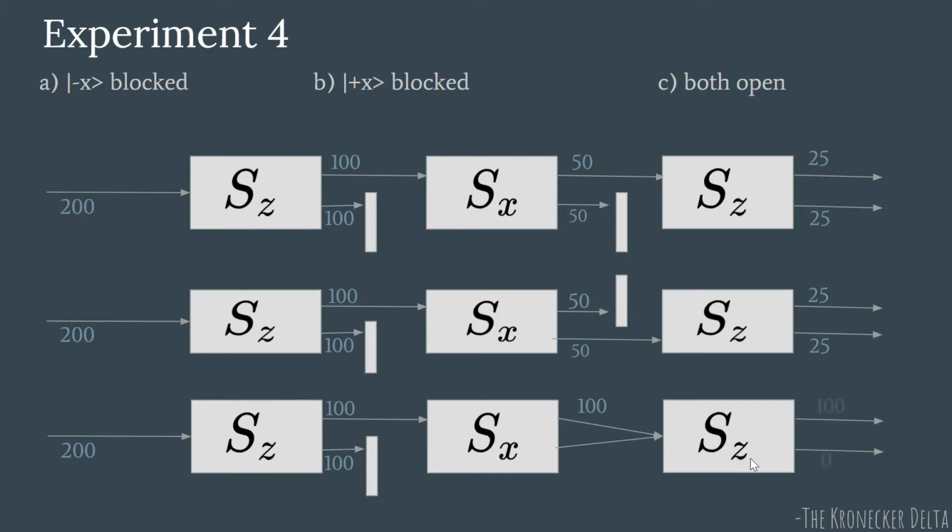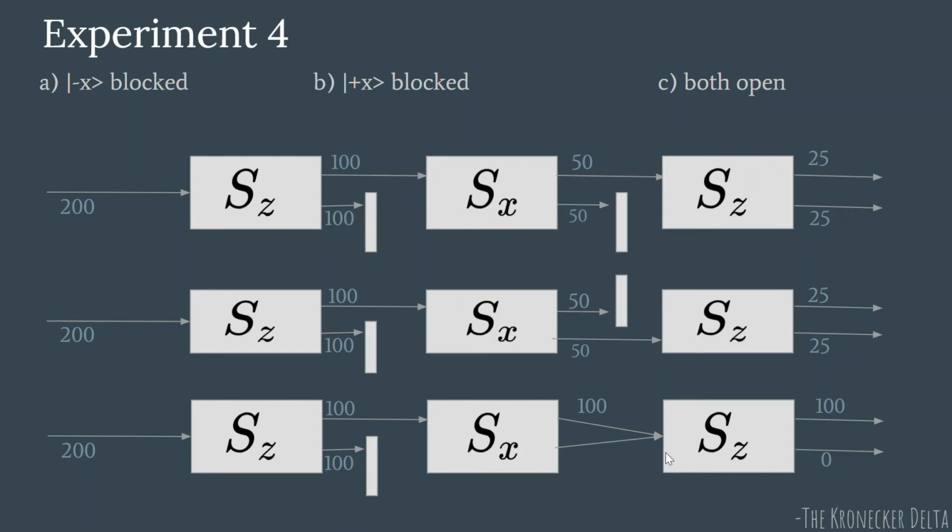Okay, so we get all 100 pointing in the up direction and no atoms pointing down in the Z direction. If you see, to begin with there were no atoms pointing down in the Z direction. We had all atoms pointing in the up direction. So here it seems like the system somehow remembers what state it was in before the Sx measurement.